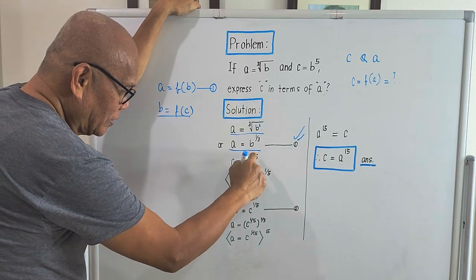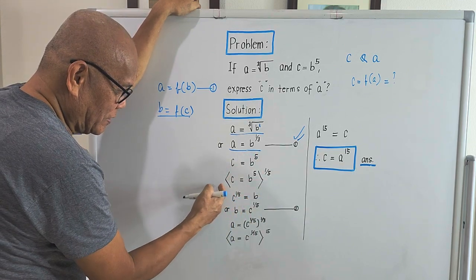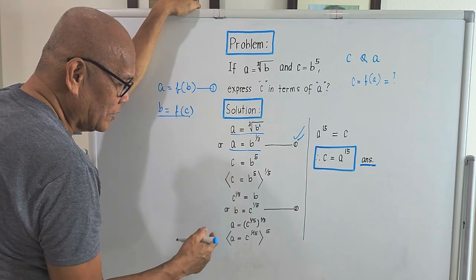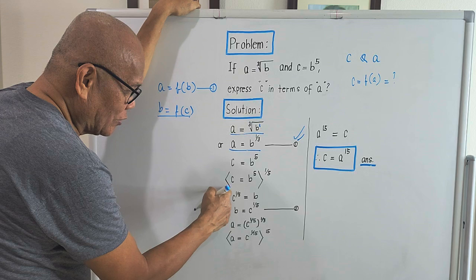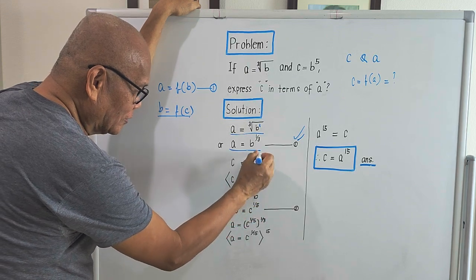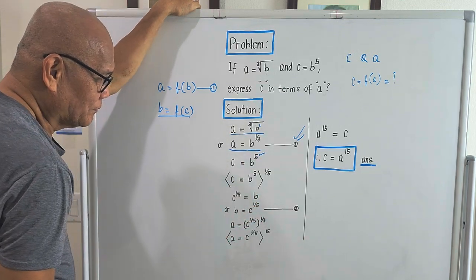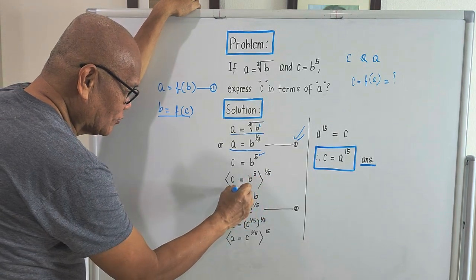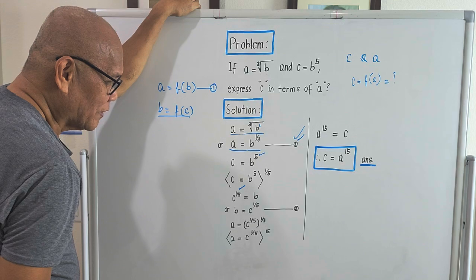We enclose all the terms in a grouping symbol, and raise both sides of the equation to the 1/5 to eliminate this 5. So the left side is c raised to the 1/5.